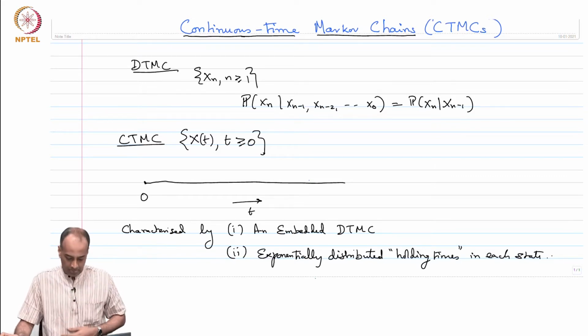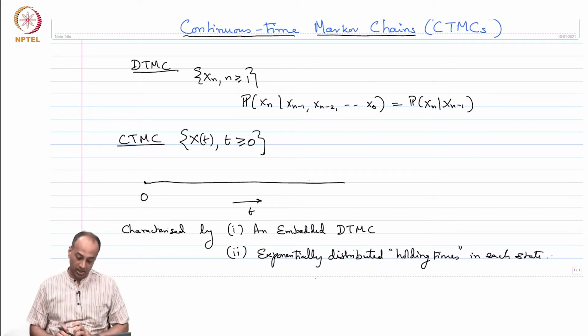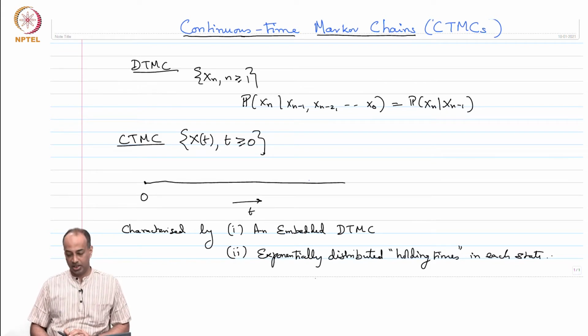So, a CTMC is characterized by an embedded DTMC and exponentially distributed holding times in each state.